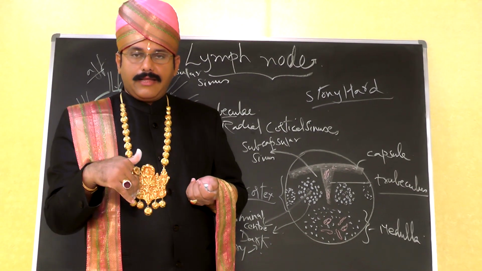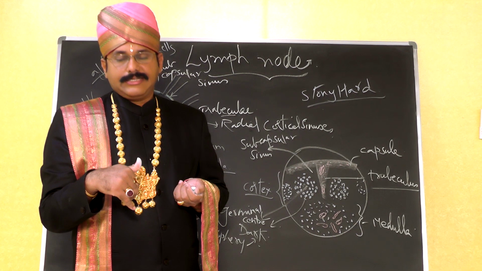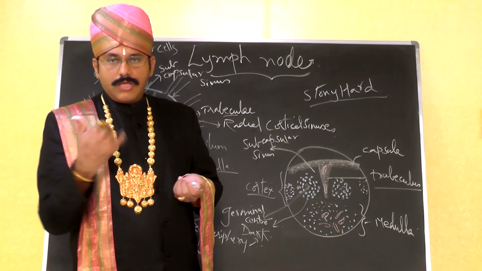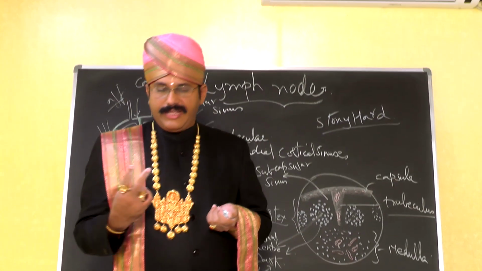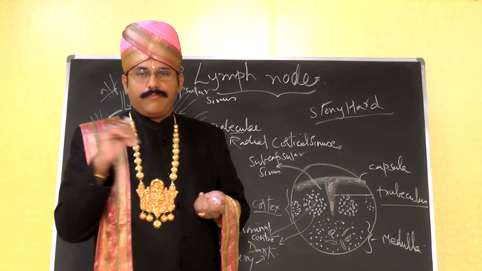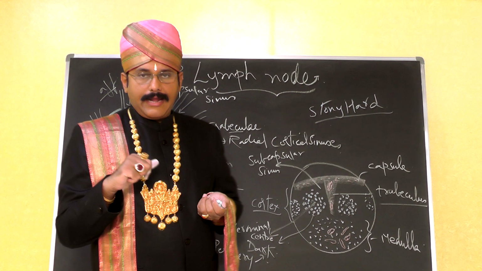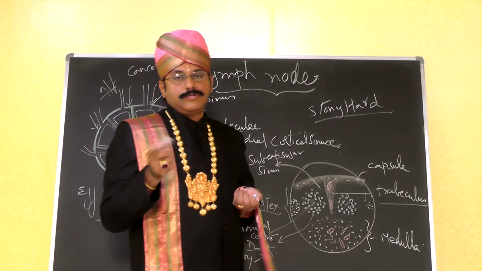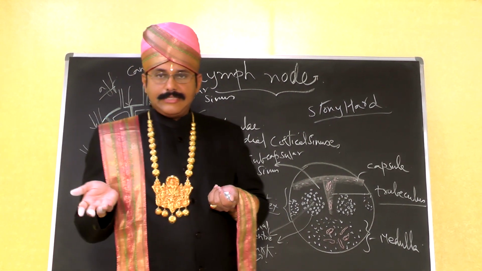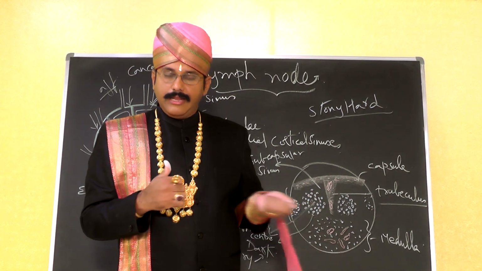The capsule is sending the trabeculae, okay, which extend into the substance of the lymph node. You have cortex and medulla, two regions. The cortex is made up of rounded lymphatic follicles or lymphatic nodules, and the medulla is showing anastomosing cords of cells formed by the lymphocytes.